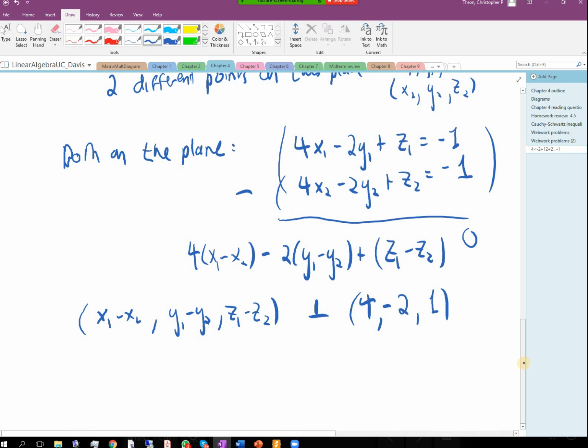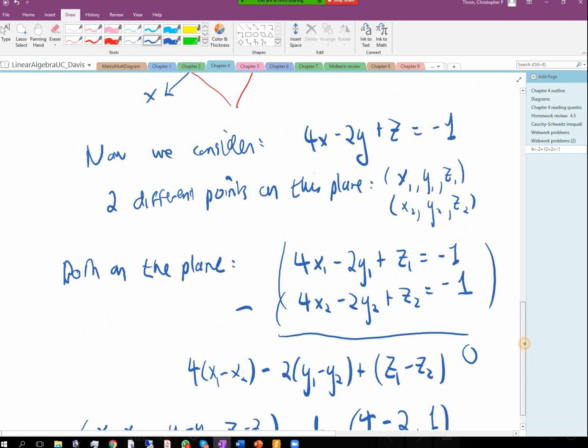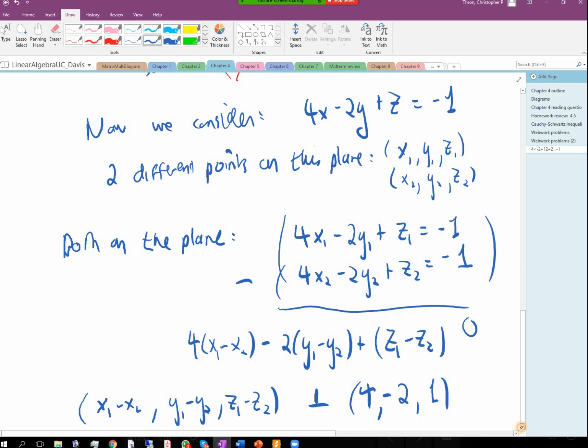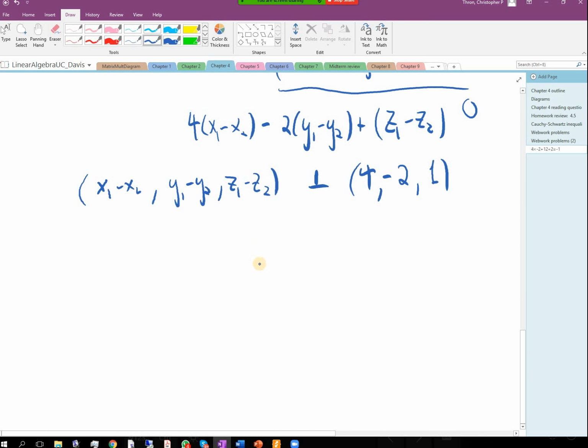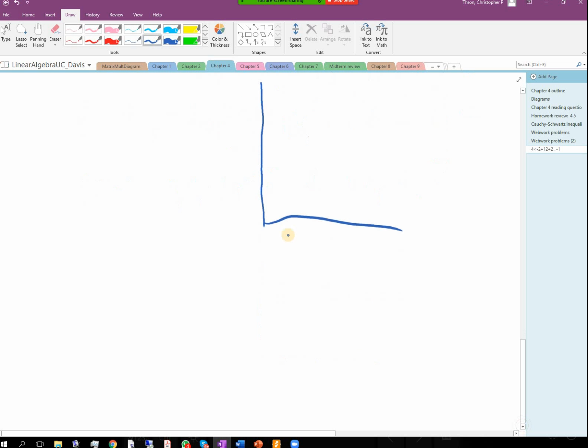So if I take one point on the plane, let me go ahead and draw the axes again, and we'll quickly draw my point. All right. So this was 4, and then -2, and then 1. So it's up here, and I'll draw my red vector again.